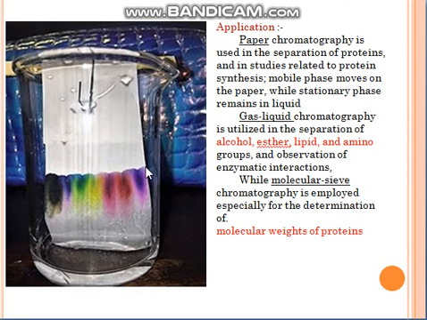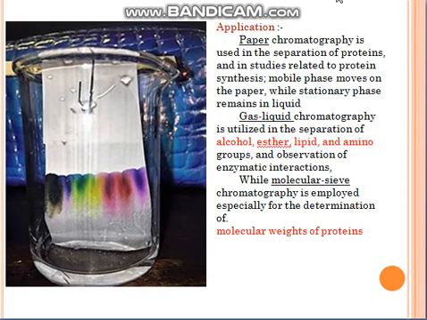So here we can see in case of paper chromatography, different molecules have moved towards different lengths. Application of chromatography could be based upon paper chromatography, gas liquid chromatography and molecular sieve chromatography.